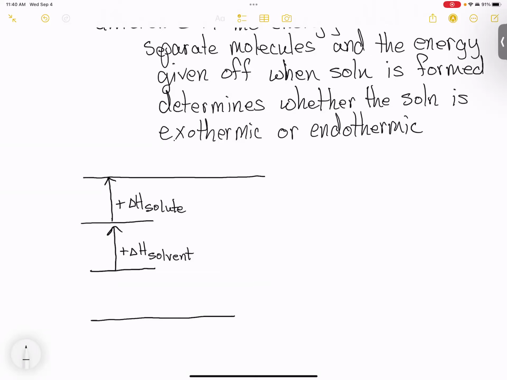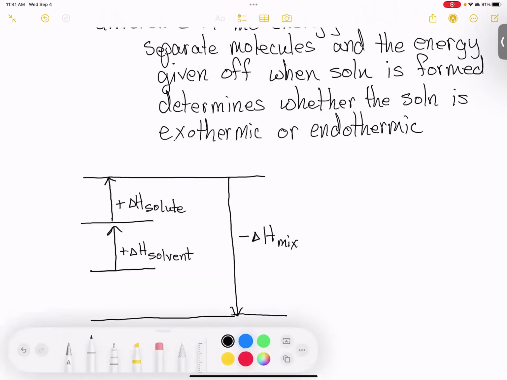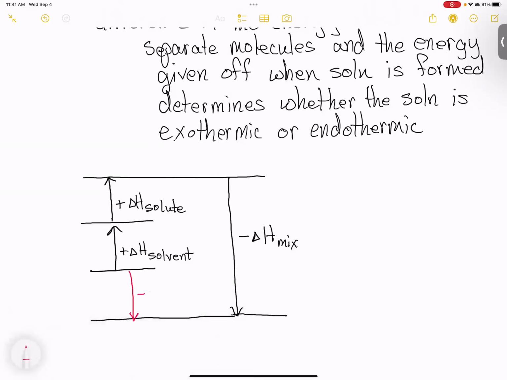Once you've separated the solute and the solvent, now the solute can combine with the solvent, and we'll call that delta H mix. It gives off energy when they combine. Now, if the difference between these two is an overall negative enthalpy, then the overall process is exothermic.